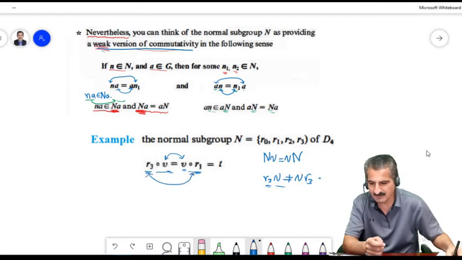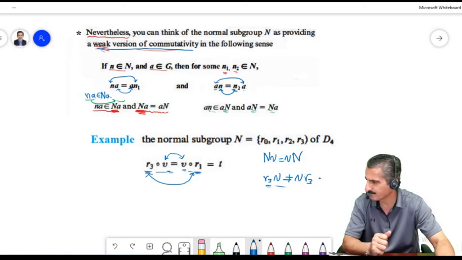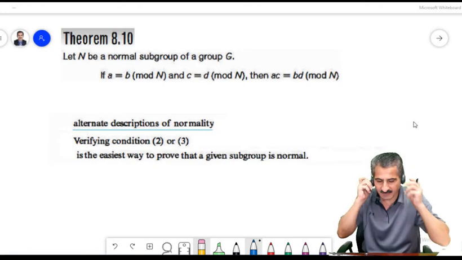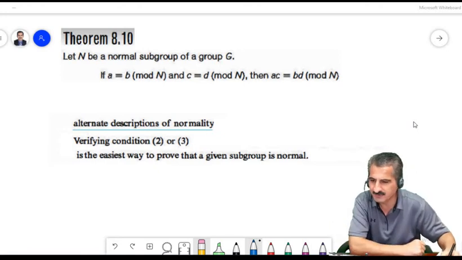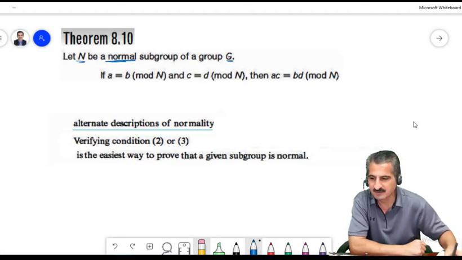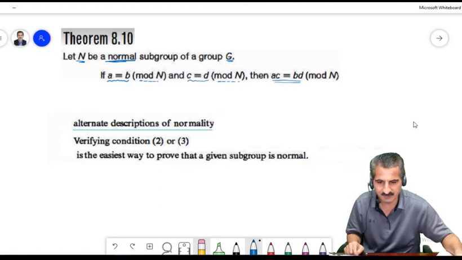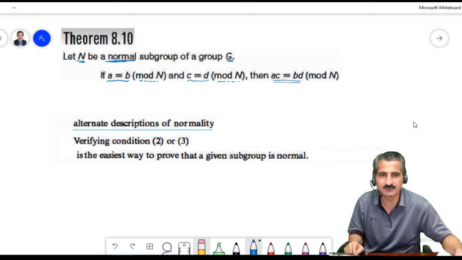And this example follows the above discussion. Okay, now this theorem says that if we have a group G and a subgroup N which is a normal subgroup of G, then the property star holds. If A and B are congruent modulo N, and C and D are congruent modulo N, then A times C is congruent to B times D modulo N. And remember, the notation here is that the operation is multiplication.